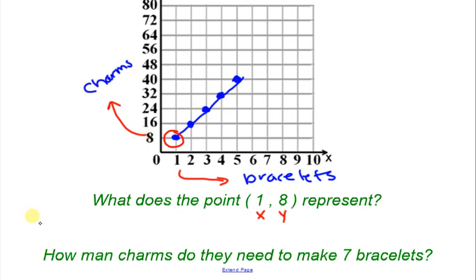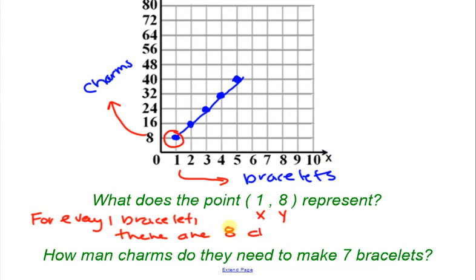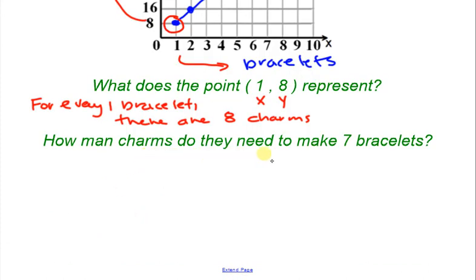Okay, so for every 1 bracelet, there are 8 charms.